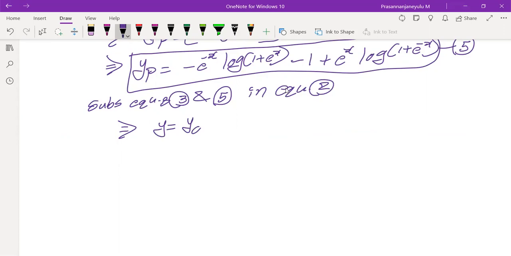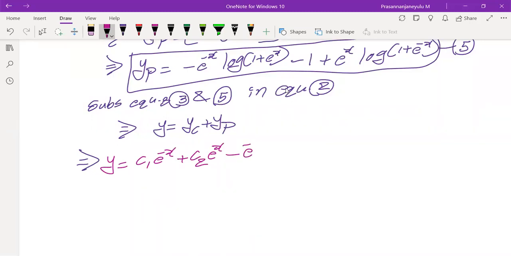That implies y is equal to the complementary solution. The complementary solution is c1 into e power minus x plus c2 into e power plus x, plus yp, which is nothing but minus e power minus x into log of 1 plus e power x, minus 1 plus e power x into log of 1 plus e power minus x.